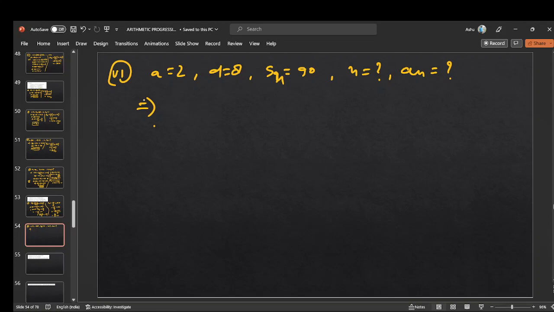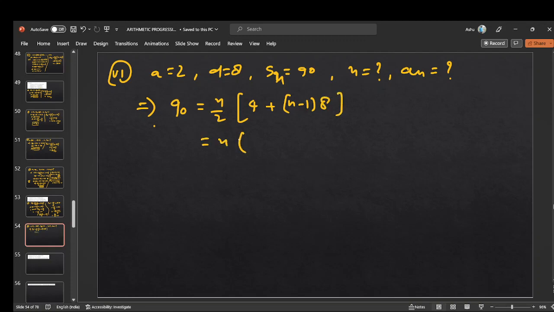Now how can we find these? Here Sn is 90 given, then we can write 90 equals n by 2 into 2a, 2 into 2 is 4, plus n minus 1 into d, d is 8 given.